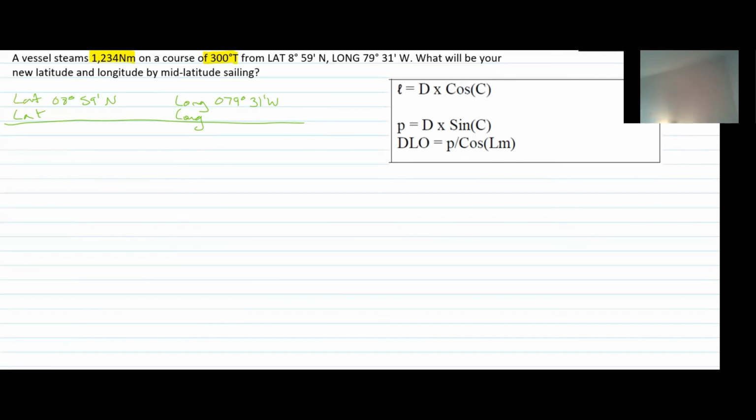So just like in the previous problem, go ahead and draw your cross, which represents the world map. And we are working in the northwest because our latitude is north and our longitude is west. So you can put a dot anywhere in that northwest quadrant. It doesn't really matter at this point in time.